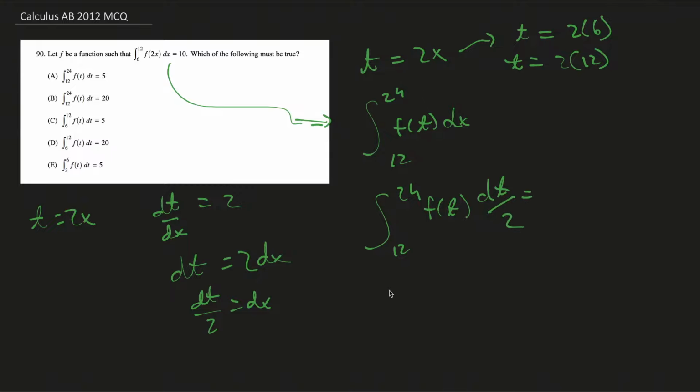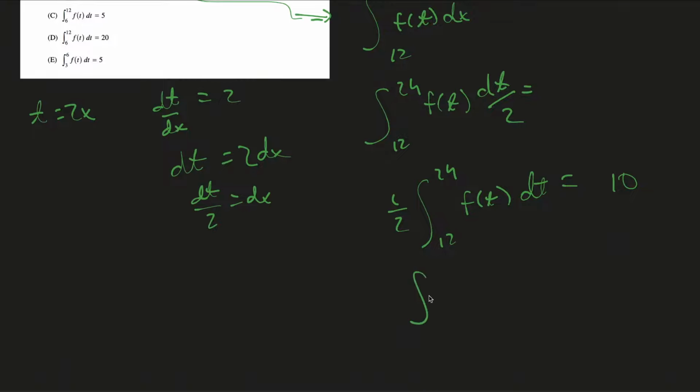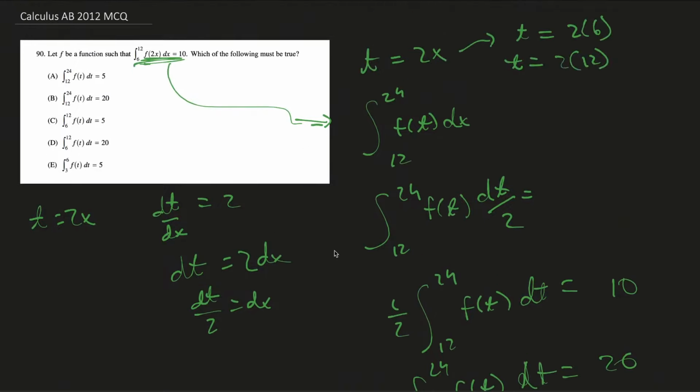And this should now equal... now remember that we only replaced the values in here, which would mean this should still equal 10. So multiplying by 2 on both sides, we should get the integral from 12 to 24 of f of t dt is equal to 20. So the answer to this question is going to be B.